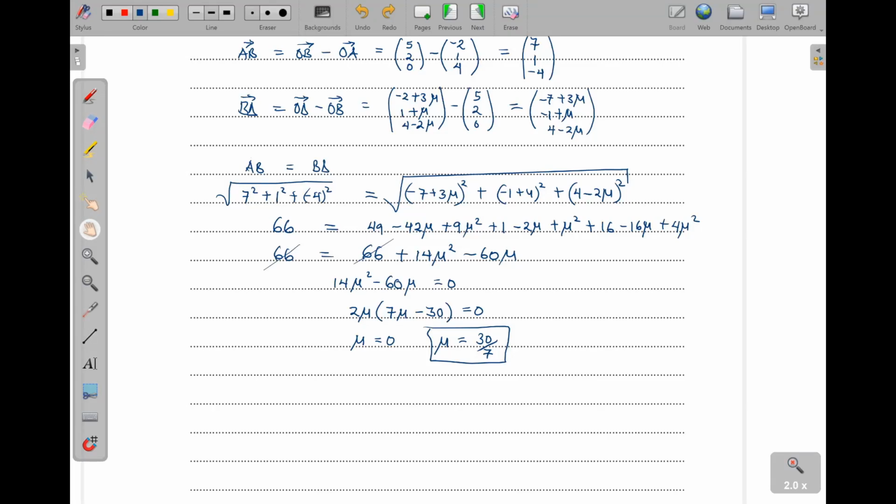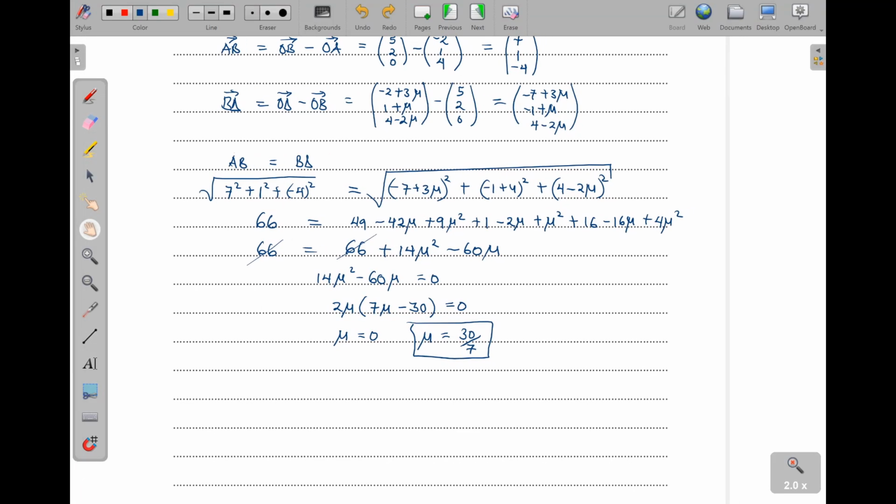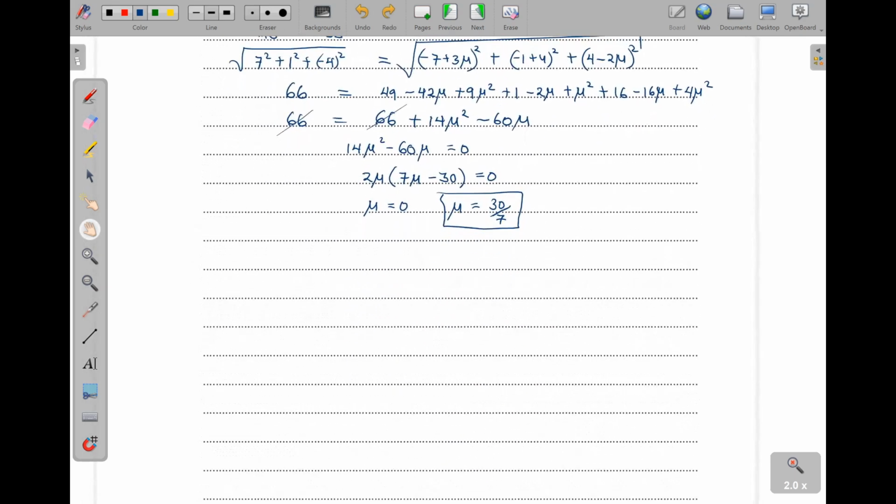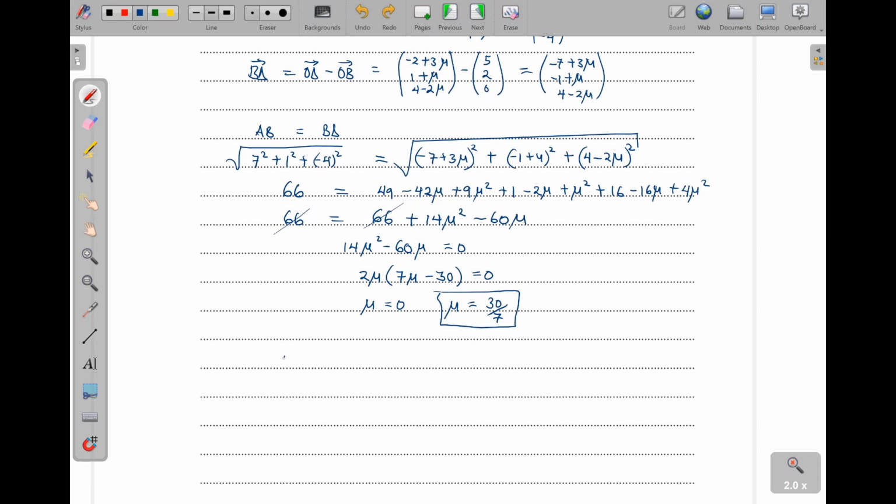Now, OD, we can now substitute in what we got as our OD. OD is going to be equal to, remember it is this one, so negative 2, then plus 3 times 30 over 7.